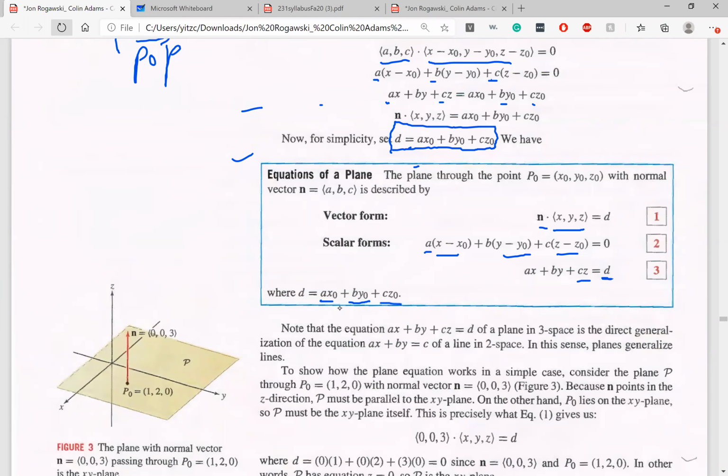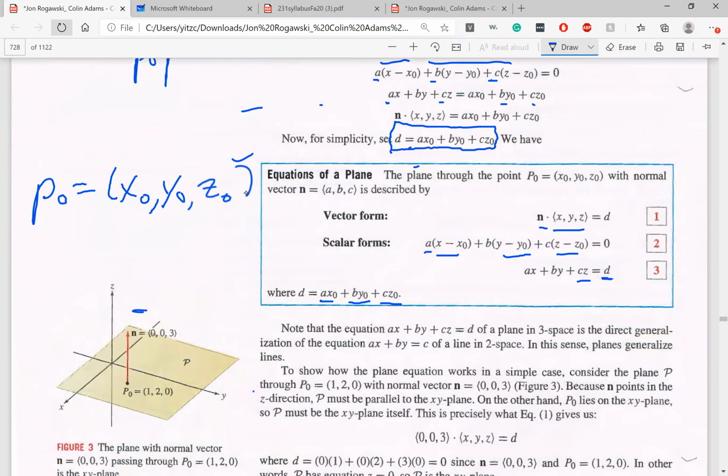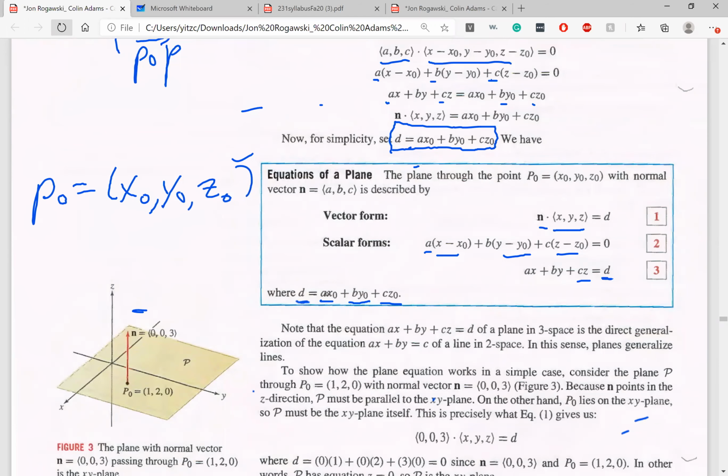So again, you can plug in your P0 equal to x0, y0, z0. When you're trying to find your d, you're really plugging into your x, y, and z the values x0, y0, z0. So that's why your d is equal to ax0 plus by0 plus cz0.